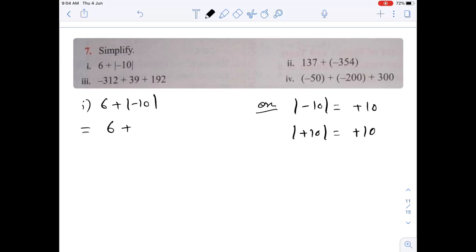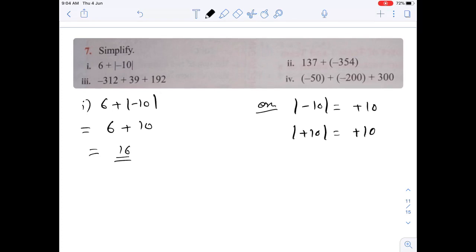So now we have minus 10, so we will write it as plus 10 equals to, now both the numbers have the same sign: the sign of 10 is plus, the sign of 6 is also plus. So when the numbers have the same sign we do addition of numbers. So 10 plus 6 is 16.